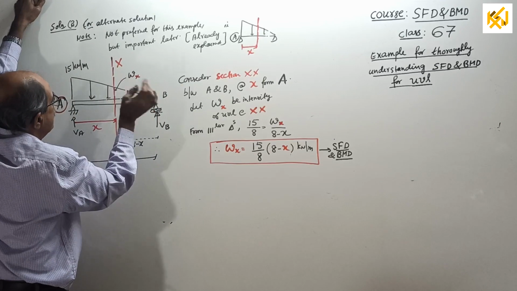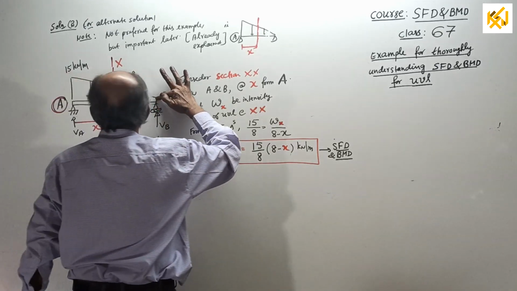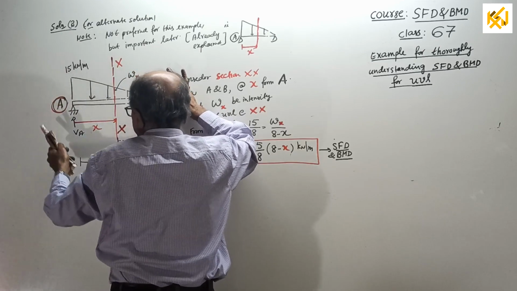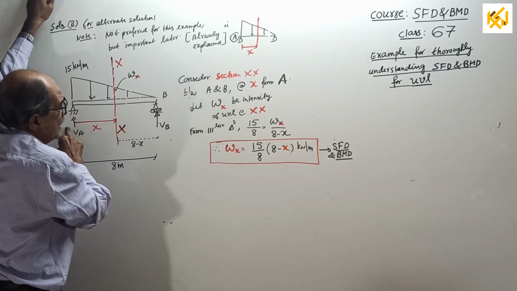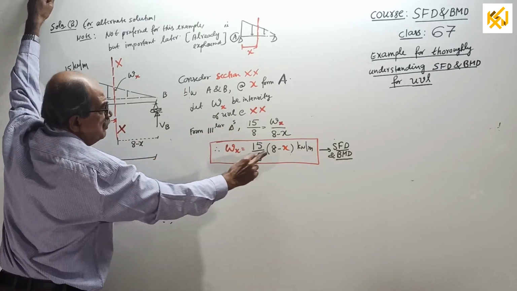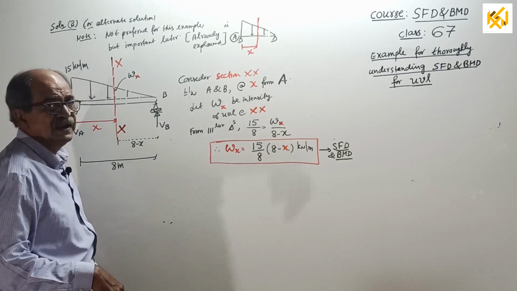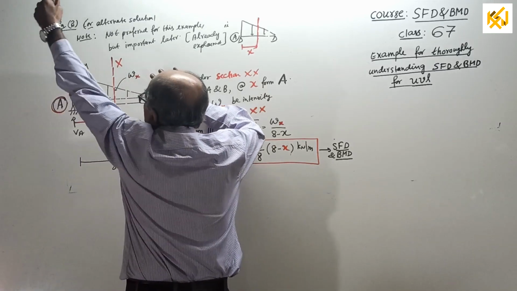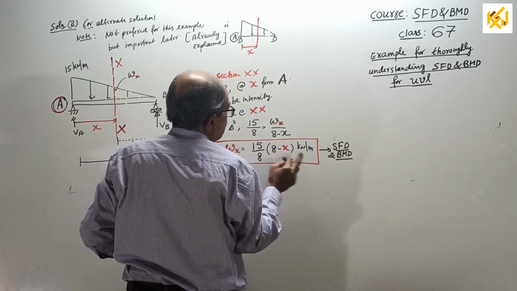When you apply similar triangles, stand here: 15 divided by 8 equals W suffix x divided by 8 minus x. You get the value of W suffix x in kN per meter, or as per the mathematical trick I told, 15 by 8 into 8 minus x.